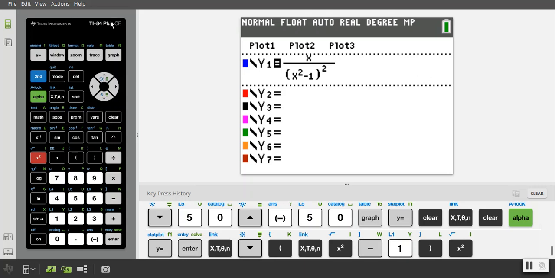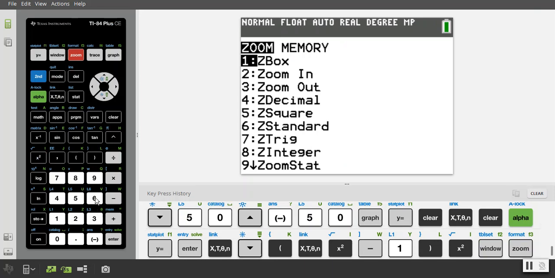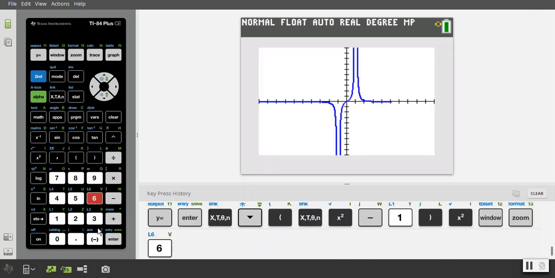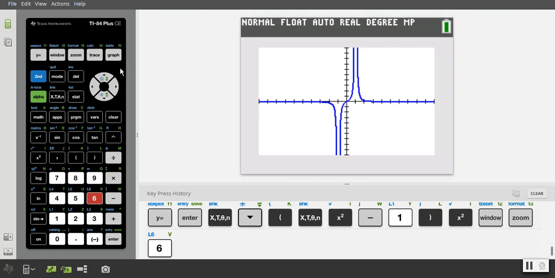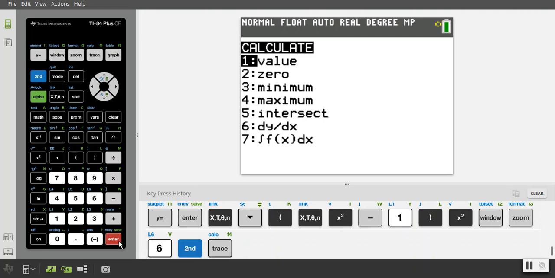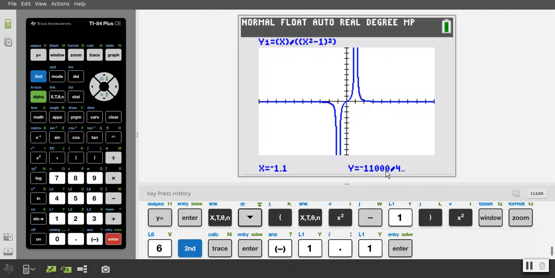For example, I can set the window to standard and see how my graph looks somewhat similar, but not as good. If we go to second trace and value, we can plug in values like negative 1.1, and it'll tell us exactly what that is.